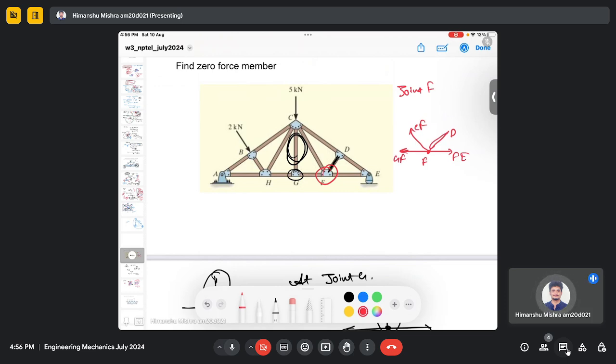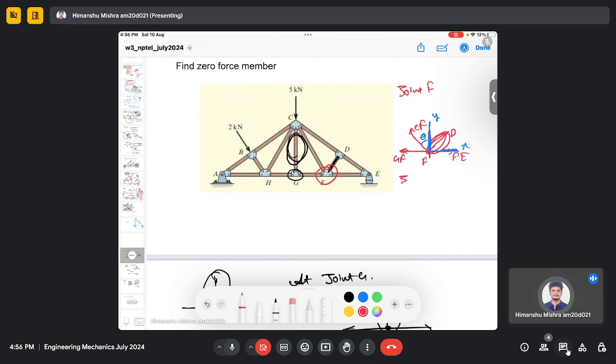So this is a zero member force, so we don't need to consider this one, right? So let me take a regular Cartesian coordinate system here. This is y, this is x, and this is, let's say, some angle theta.